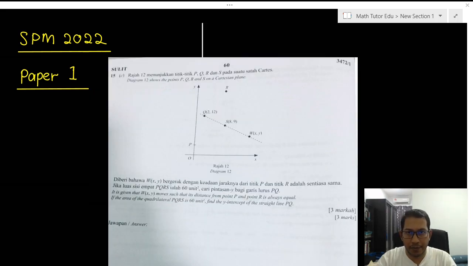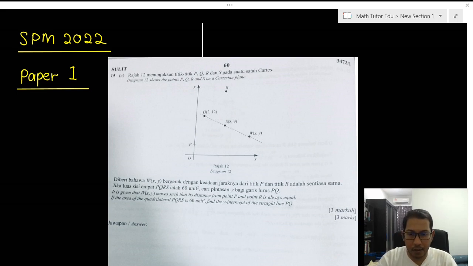Let me read the question 15C now. Diagram 12 shows the points P, Q, R and S on a Cartesian plane. It is given that coordinate W(x, y) moves such that its distance from point P and point R is always equal. It means that the locus W is actually a perpendicular bisector. Let me continue to read the remaining question.